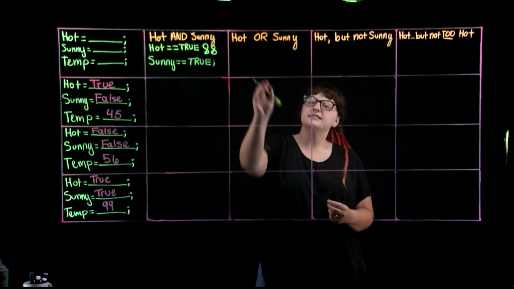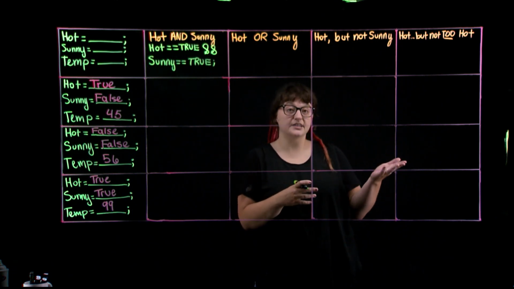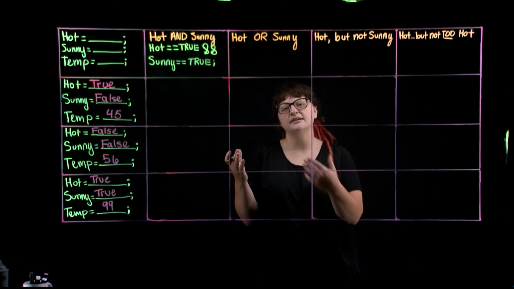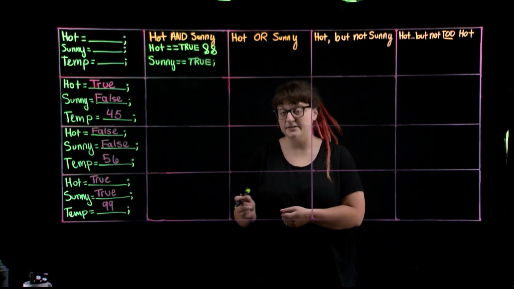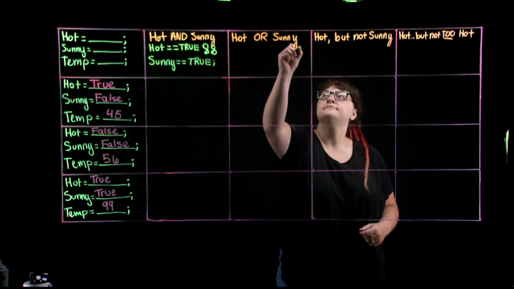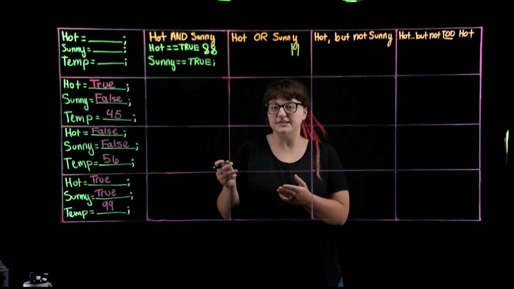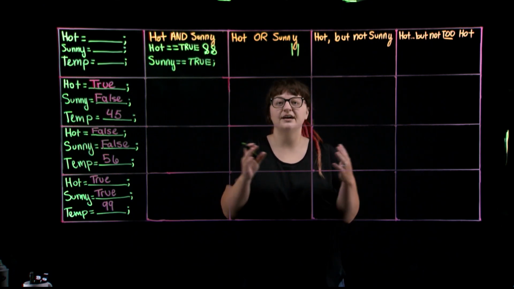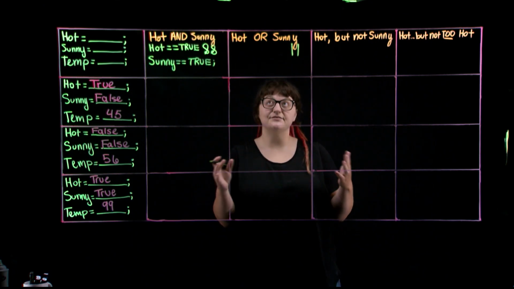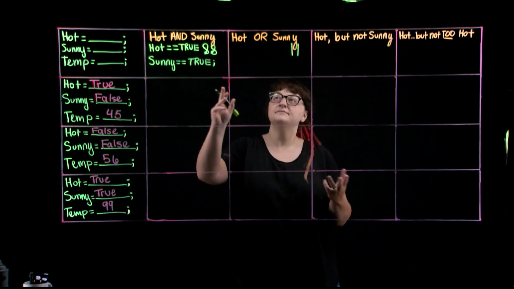Now, the next one is similar, but instead of an and, we're going to be evaluating hot or sunny. So let's draw our bars for our or. Now, just like our conditions, we're checking both hot and sunny to see if they're true. We want them to be true in this case.